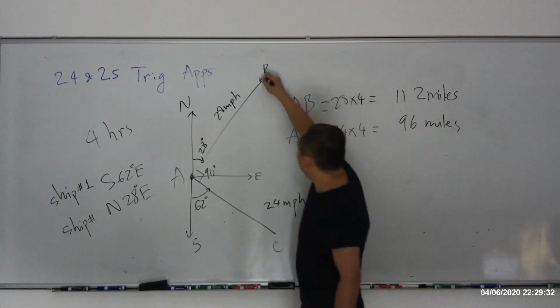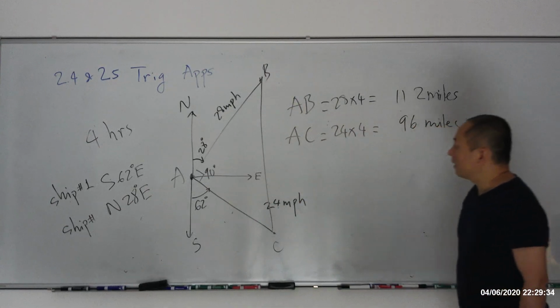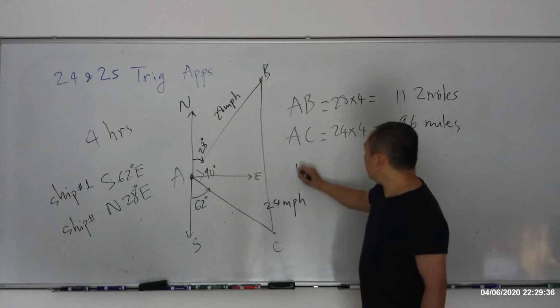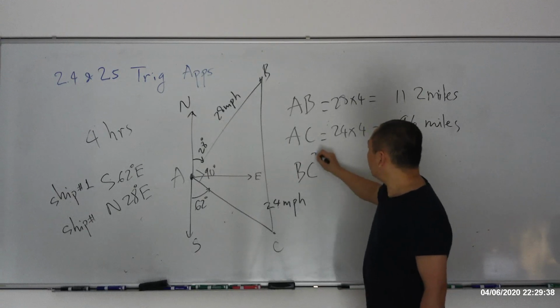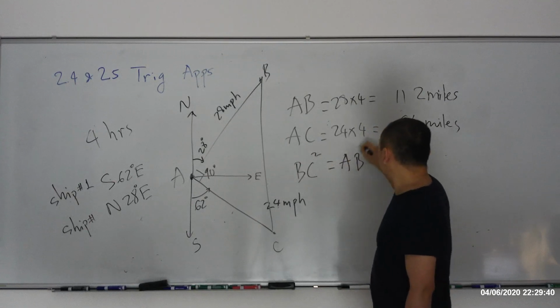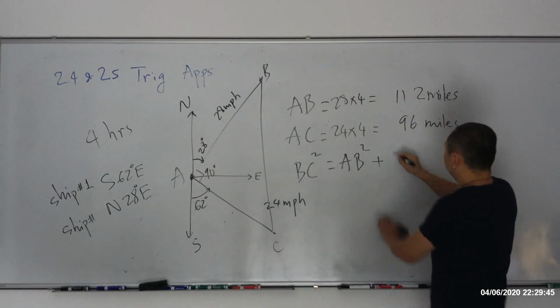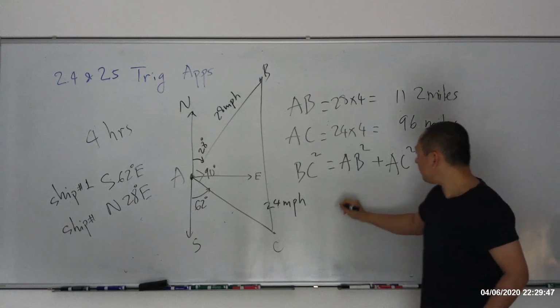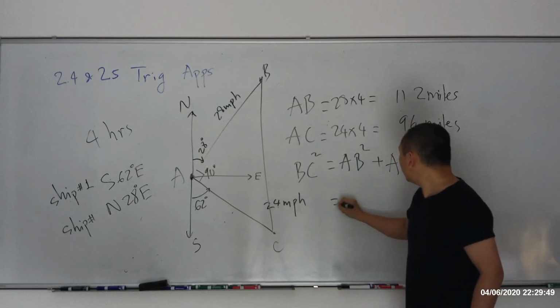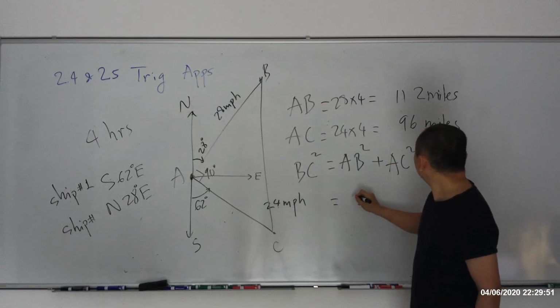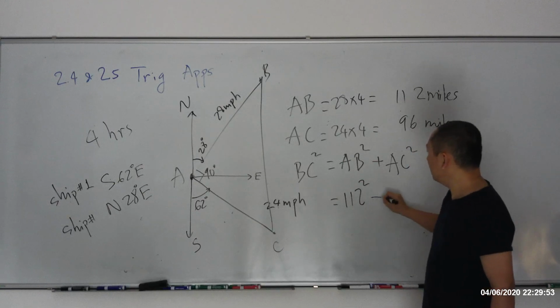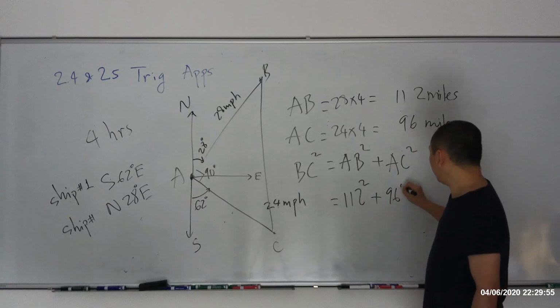So we have a right triangle again, and BC is the hypotenuse. BC squared is equal to AB squared plus AC squared, which is 112 squared plus 96 squared.